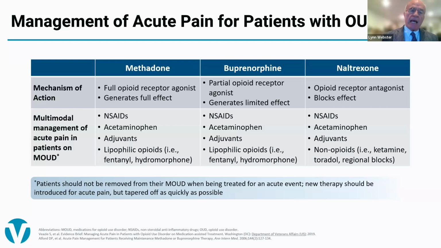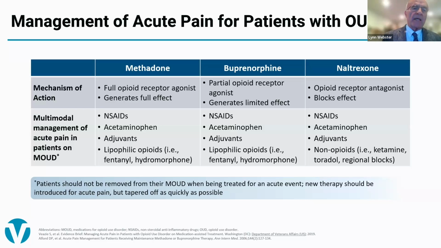But in the last few years, it's been demonstrated that there's less risk of relapse and more effective treatment if they're maintained on the dose that they were on when they came into the hospital or into the operating room. And then you look at a different modality of treating their pain.